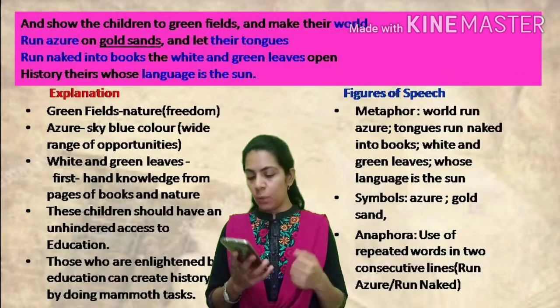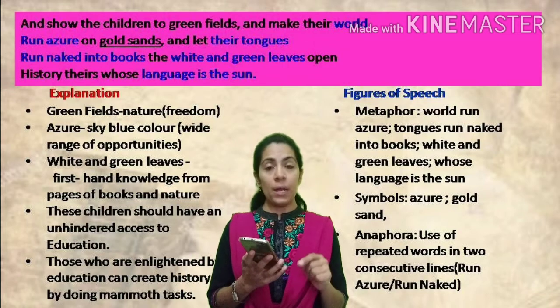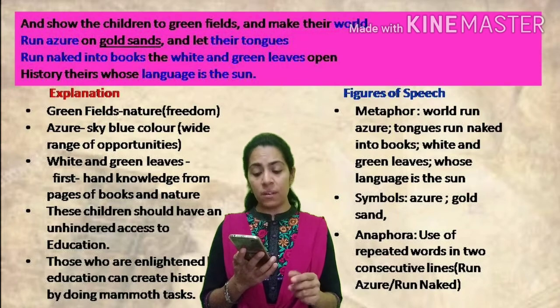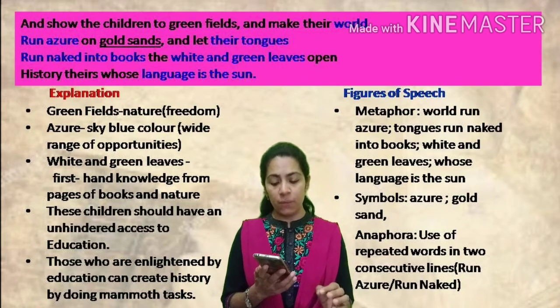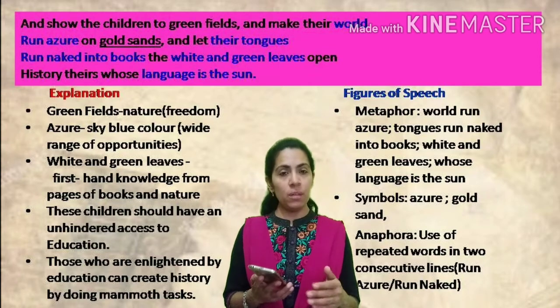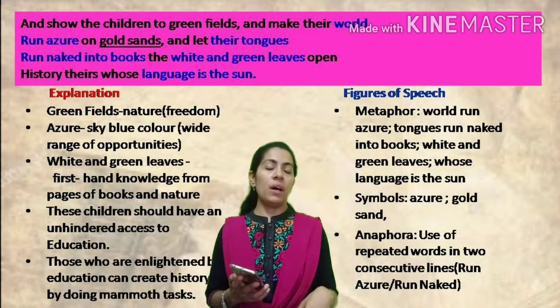Now see the concluding lines of the poem: and show the children green fields, and make their world run azure on gold sands, and let their tongues run naked into books, and white and green leaves open, history theirs whose language is sun. So see the great difference between the first and the last stanza.